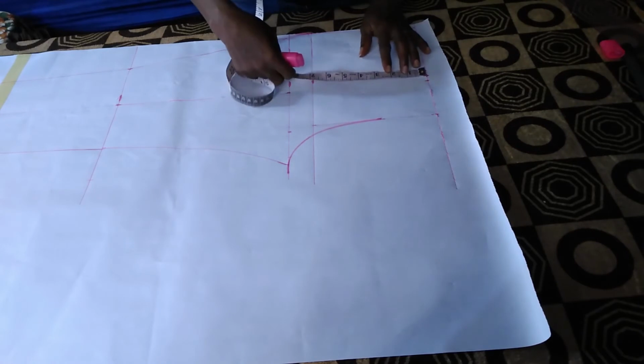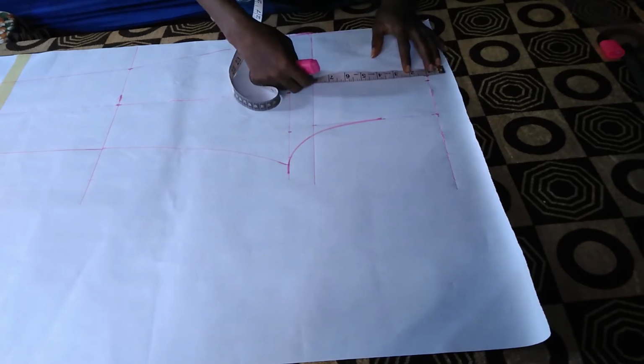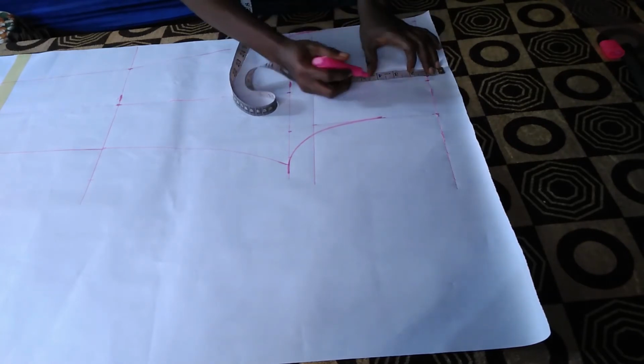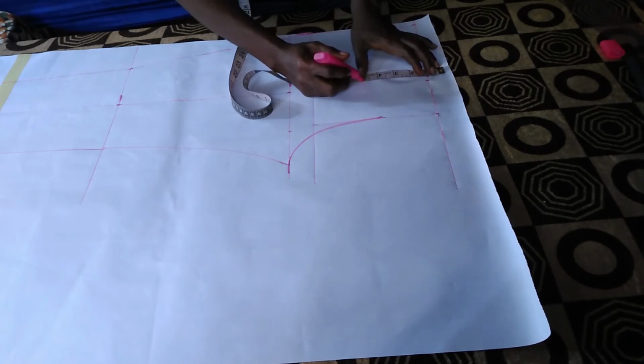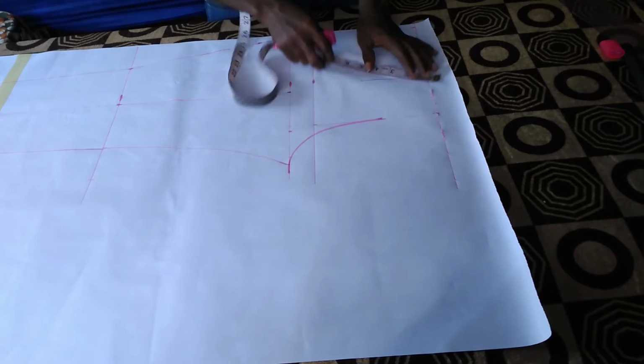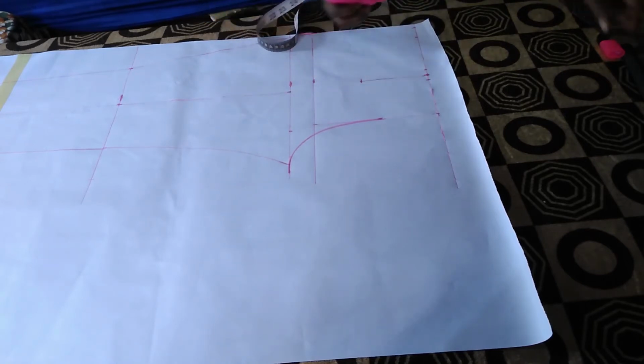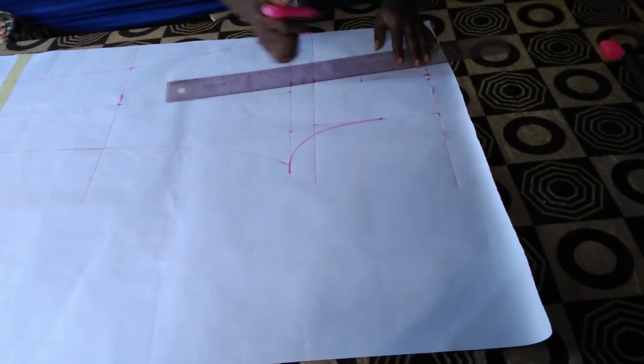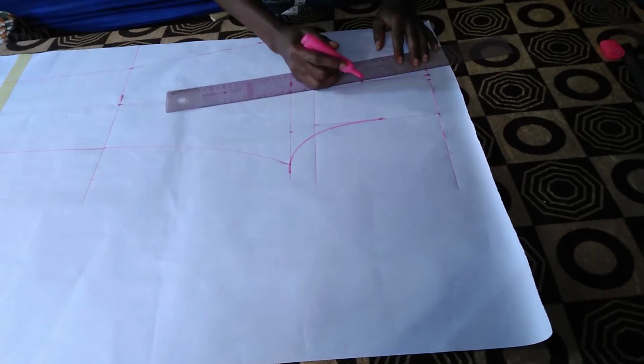Then you come down, taking away the waistband. Come down by either 4 or 5 inches. I'm coming down with 5 inches. I don't want it to be somehow fluffy. Connect your dart leg.